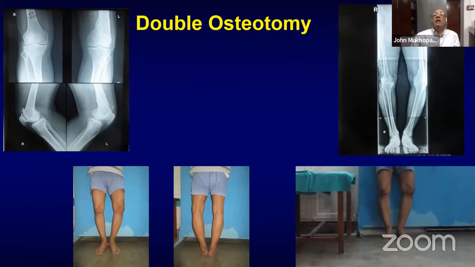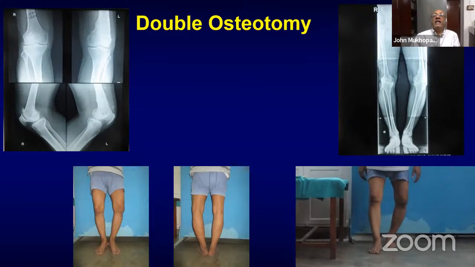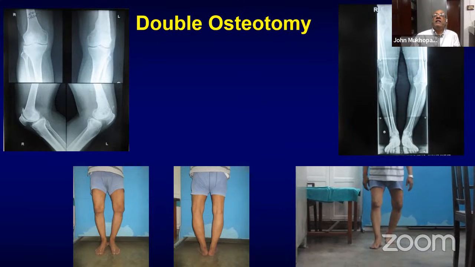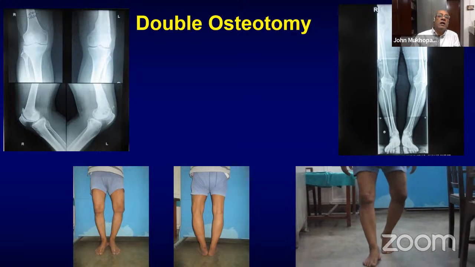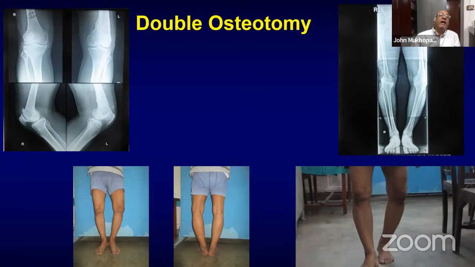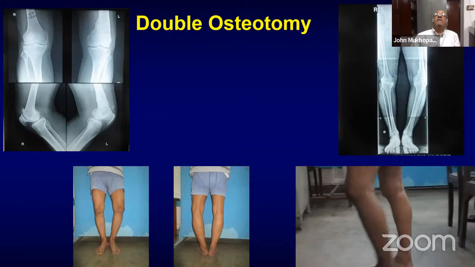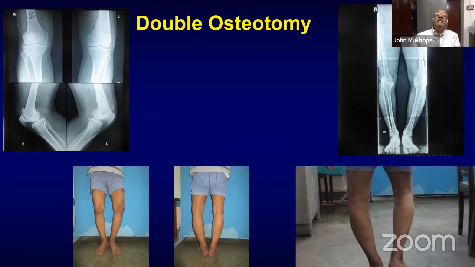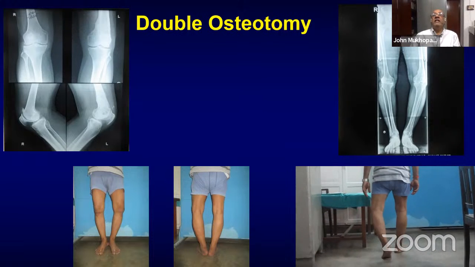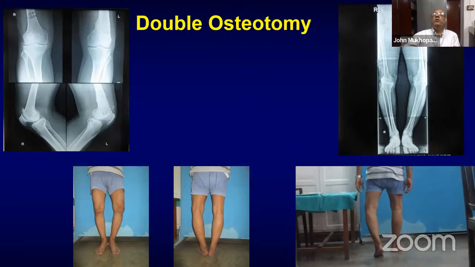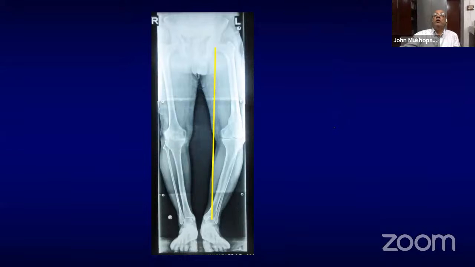Now, as I said, you need to also check exactly where the deformity is, and it is not always in the tibia. Okay, so this patient had a distal femur fracture, which was fixed earlier, and it went into a bit of varus, but then he also had medial compartment osteoarthritis with varus in the tibia. So here what you need to do is to do your long leg films. You draw your axis.